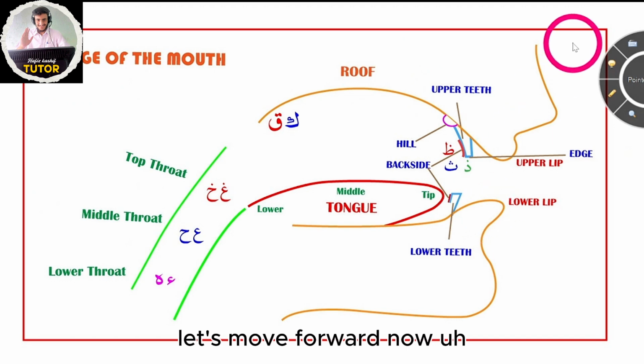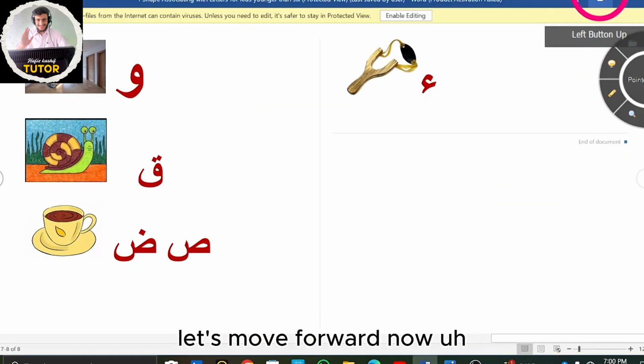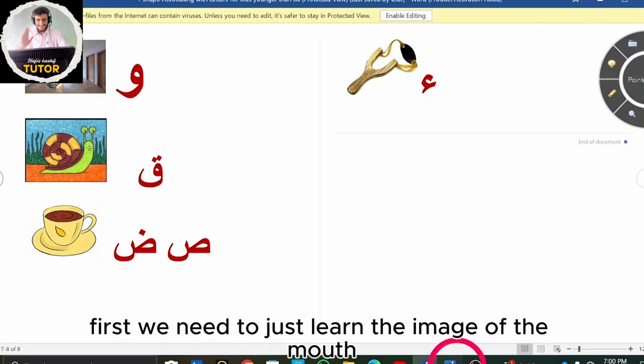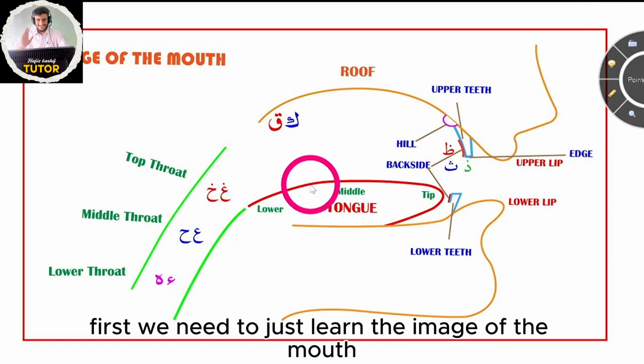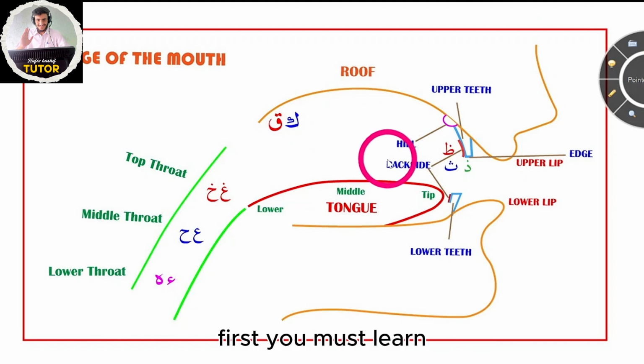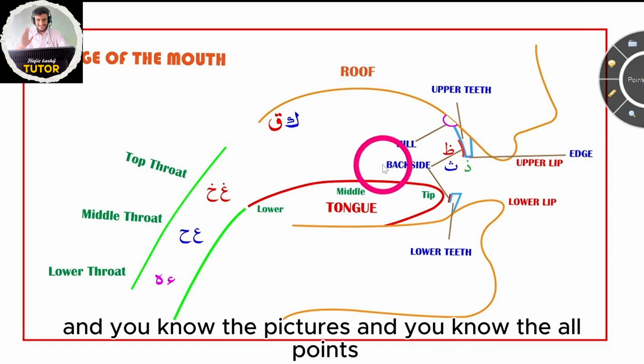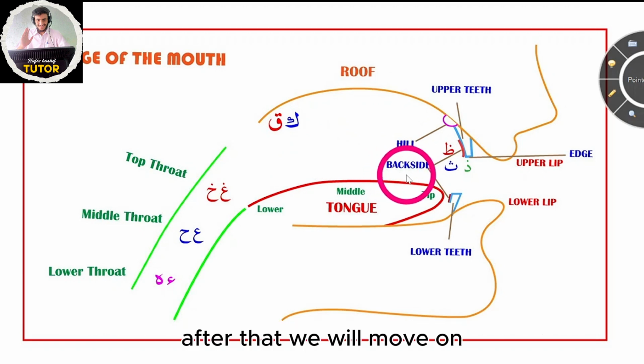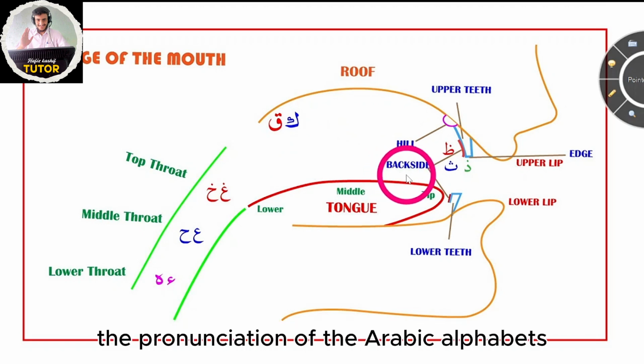Let's move forward. First we need to learn the image of the mouth. You must learn the pictures and all the points. After that, we will move on to the pronunciation of the Arabic alphabets.